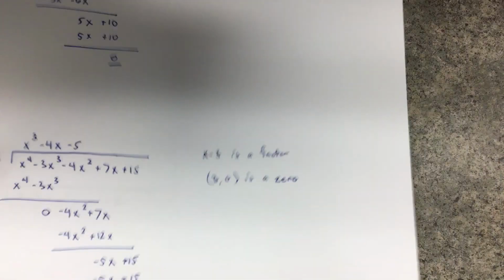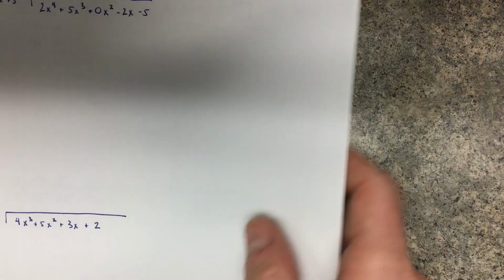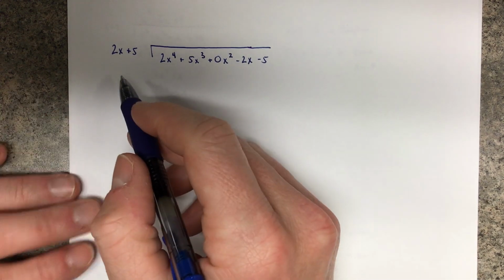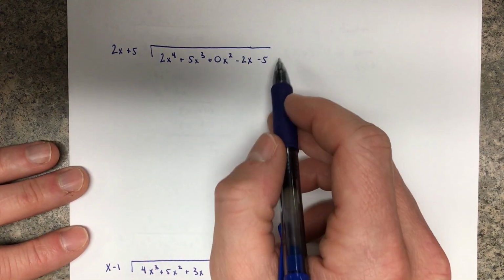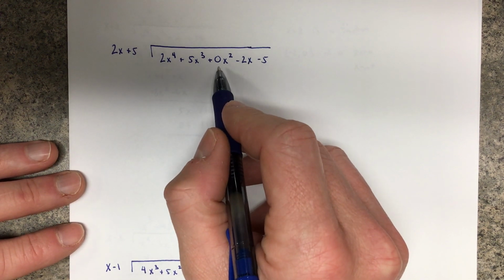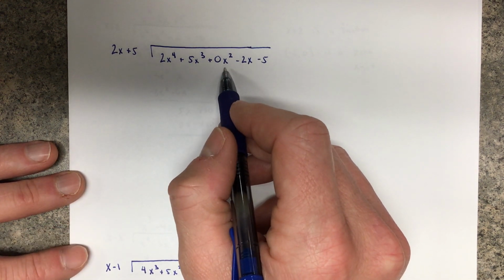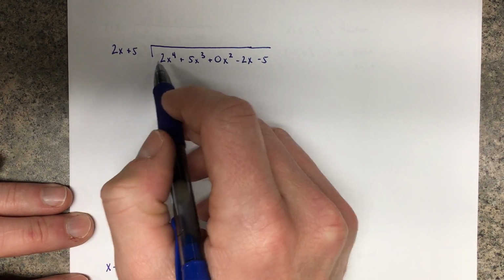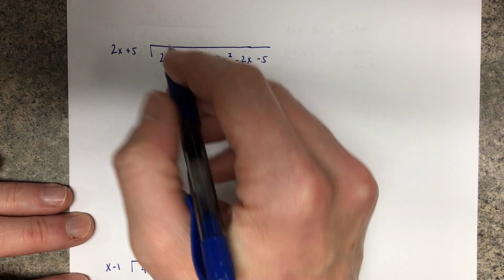All right, let's do two more. Okay, let's do this one. So we got 2x plus 5, and we're going to divide into this, and you can see that the original thing probably didn't have an x squared, so I made sure I put in a 0 for x squared. Okay, so 2x times what gives you 2x to the fourth?